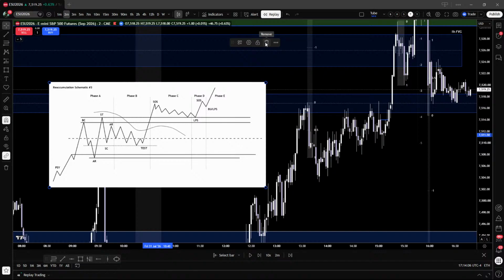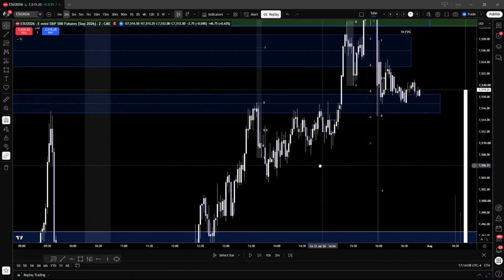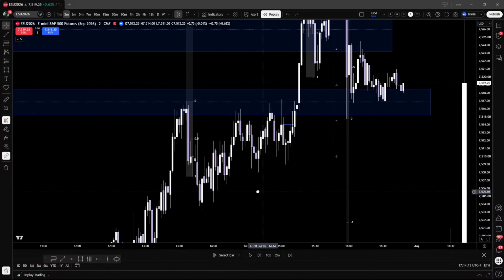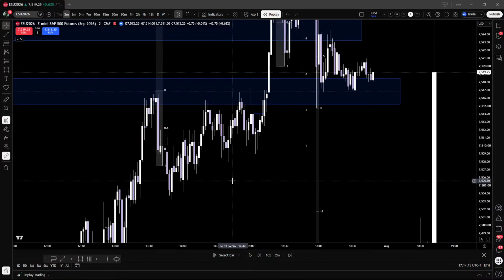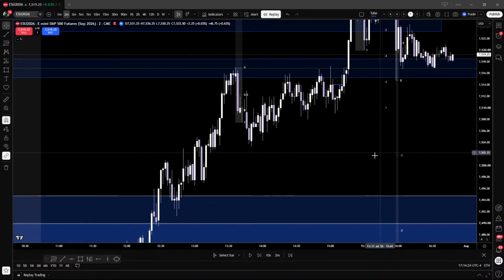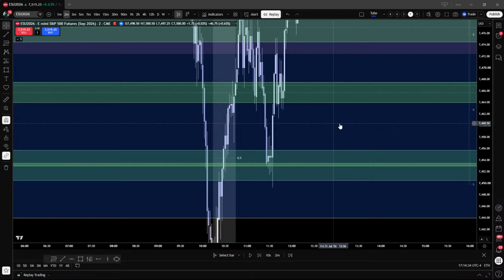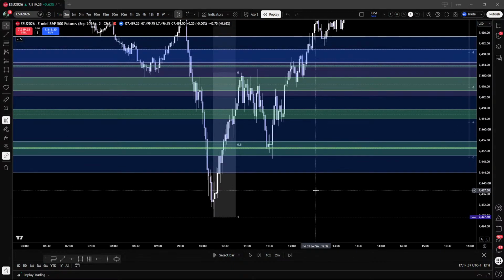Anyway, when I see price has been kind of bullish, right? Which it has been, right? Like the whole time since 10:16 a.m. Price has been going up.